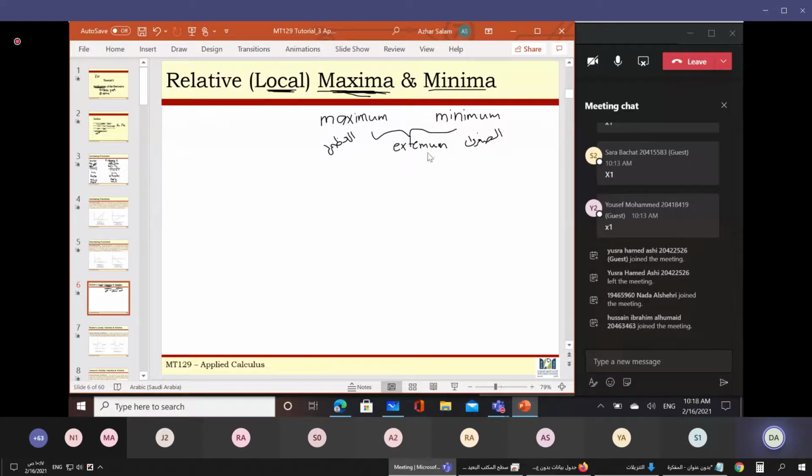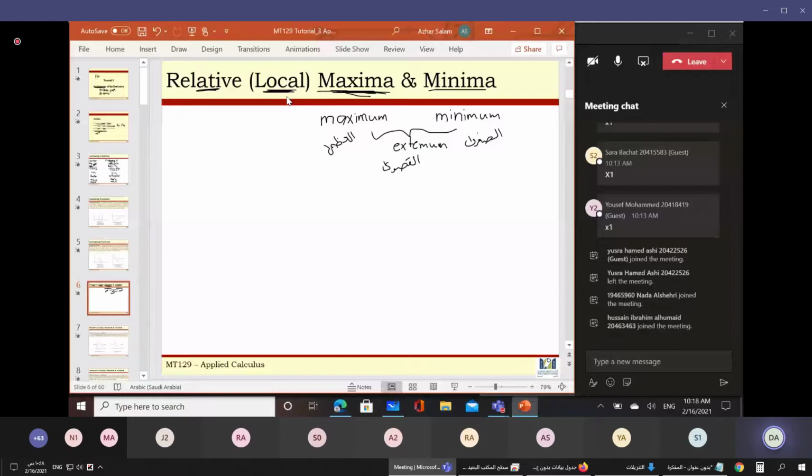Okay. Extremum, as I said, could be maximum or minimum. This is just the meaning. Local or relative extreme values could be in one place only. It's only in some interval.